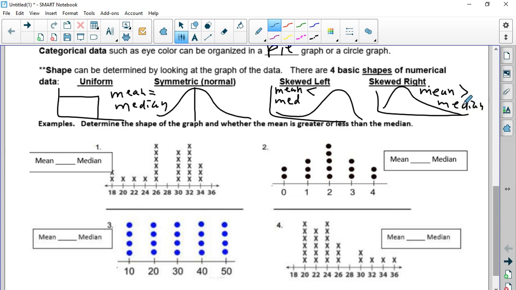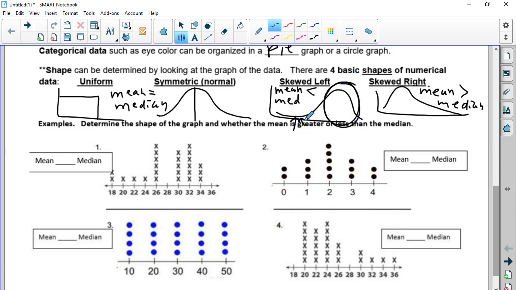A lot of people get skewed left and right backwards. Think about this. Think about where the majority of the data is, and then what is pulling away from that. And that's the tail here. So in other words, like most people did really well in this test, and a few people didn't do so well.